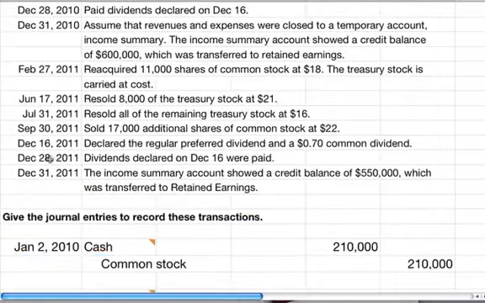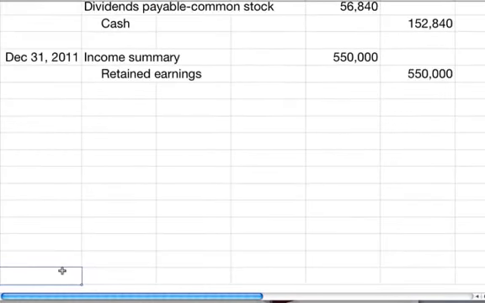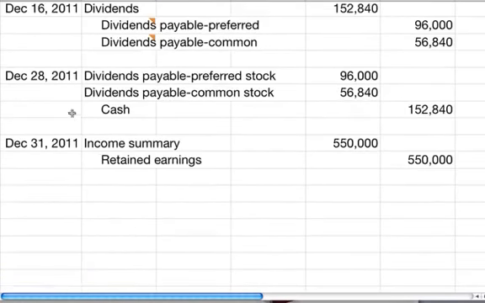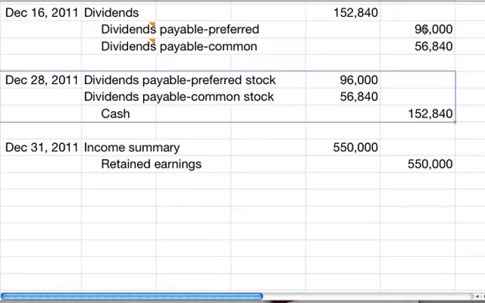And then on December 28th, the dividends that were declared were paid. There we go, now you can see this. So these were paid. So you've got the 96,000 that was credited to payable.